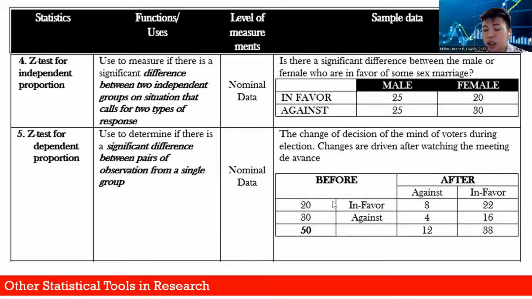So it's still 50. After the meeting de avance, 8 remain against, while the other is still in favor. From against, it becomes 4 and 16. If you get a total, you also get the same 50. So independent proportion is for independent samples, while dependent proportion is for paired samples.